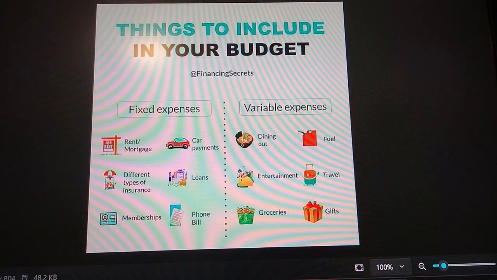Your fixed expenses are like rent, mortgage, monthly payment on your car loan, any other kind of personal loan, some memberships, phone bill, something that you signed a contract for and pay pretty much every single month until you re-sign a new contract, like a new auto loan, a new renter's lease, a new mortgage.